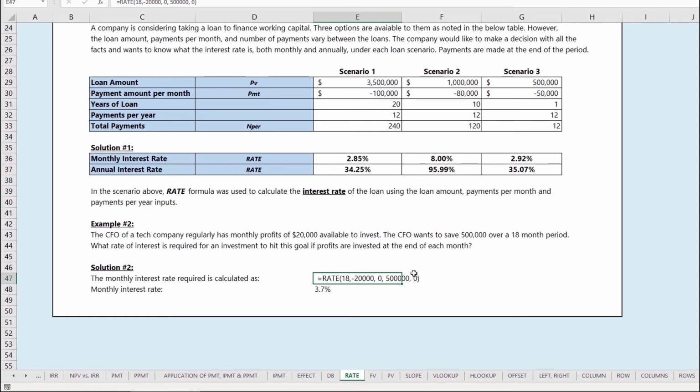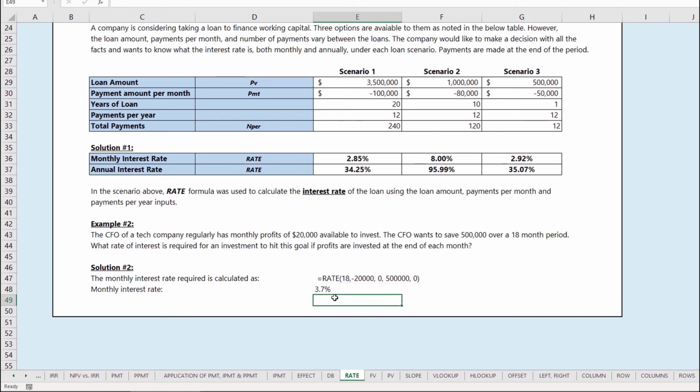Based on that, if we put that into the rate formula, we can see that it results in a monthly interest rate of 3.7%, which means over the life of the investment, we're going to generate a 3.7% return each month. If I were to calculate how much money would be invested in total, I can take equals 20,000 times 18, and that is equal to $360,000 of principal payments that are going to be invested.